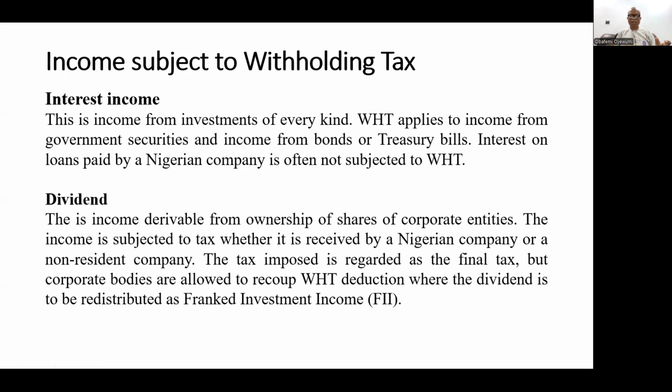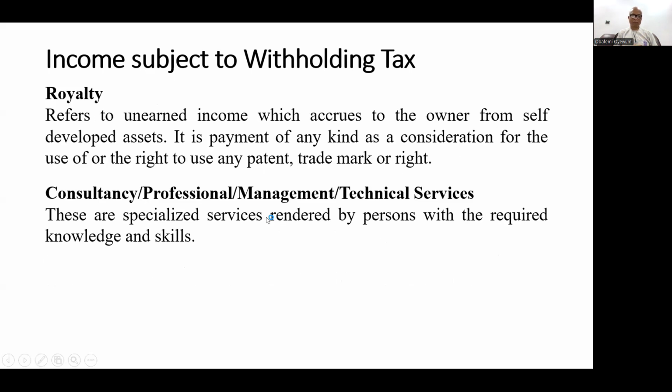But of course, when the company is non-resident, the tax imposed on the dividend will be regarded as final tax, where the corporate bodies are allowed to recoup the withholding tax deduction where the dividend is to be redistributed as franked investment income. We talked about all of this in my earlier video, so you can go back to my YouTube channel and watch it and learn from it.